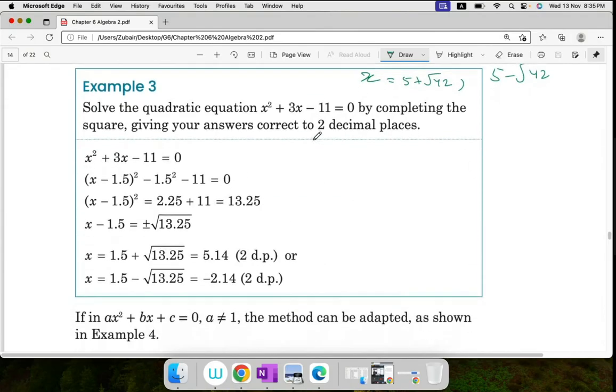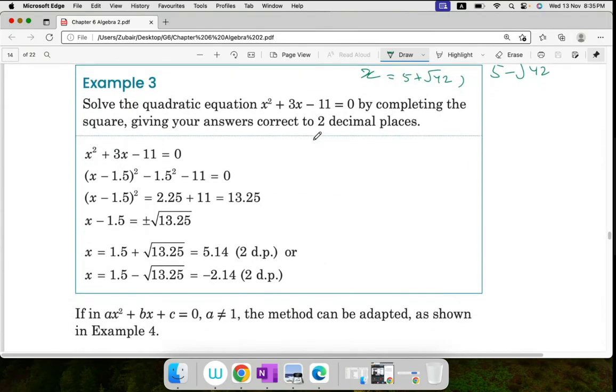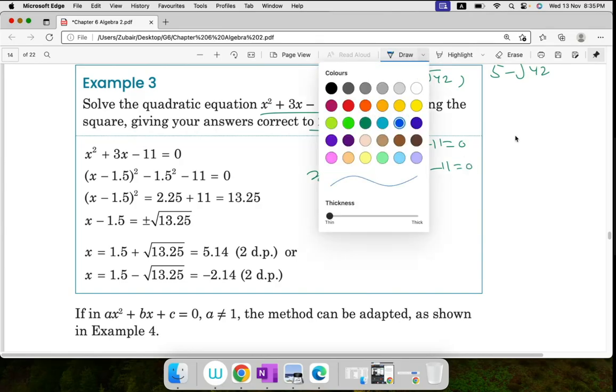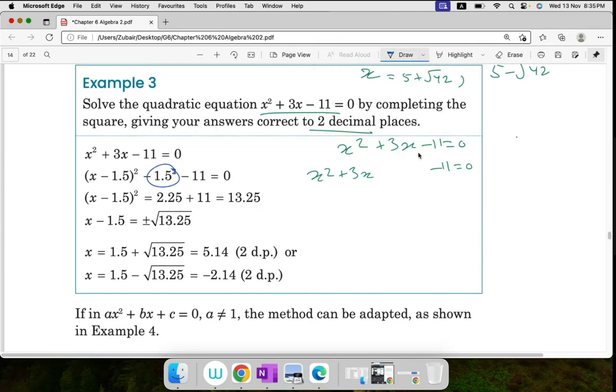Next example, solve the quadratic equation by completing the square. This time the demand is two decimal places. I'm just doing it. x squared plus 3x minus 11 equal to 0. What comes in between is half of the coefficient of x. This is the examiner's choice. He's writing 1.5, I'm writing 3 by 2. 3 by 2 squared minus 3 by 2 squared.